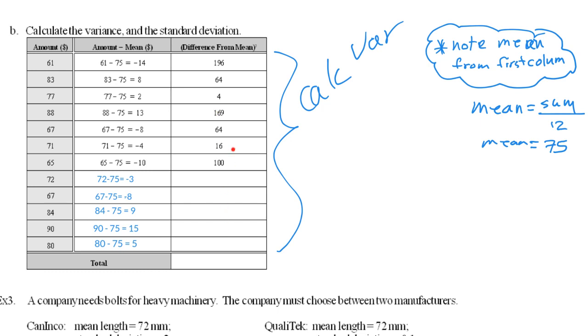And then what we have to do is we have to square each of these. So this part, you square the results from the previous column. And now we get all of that.